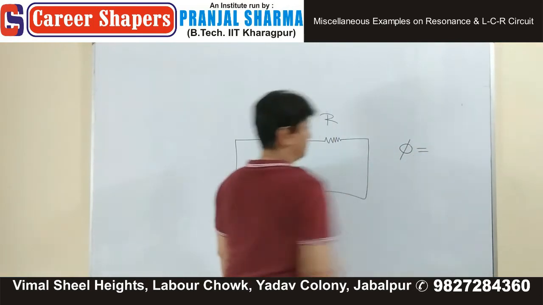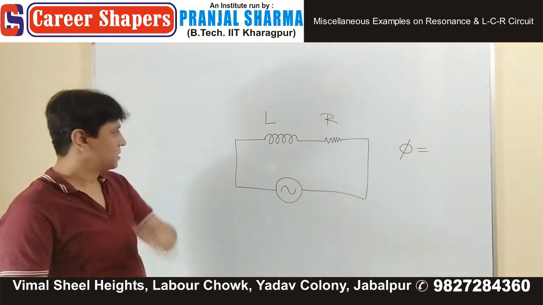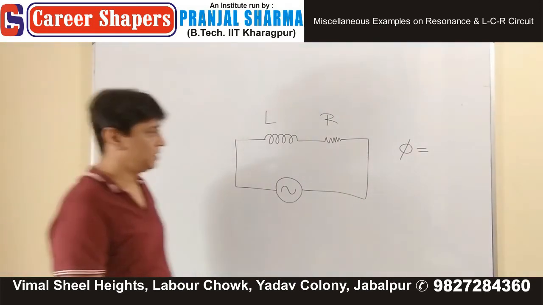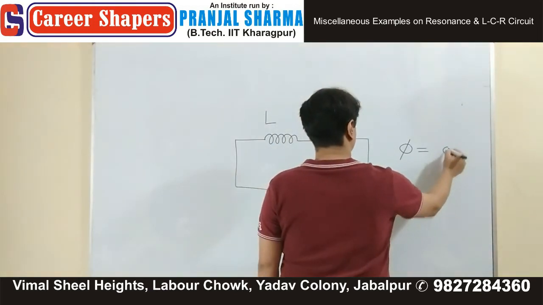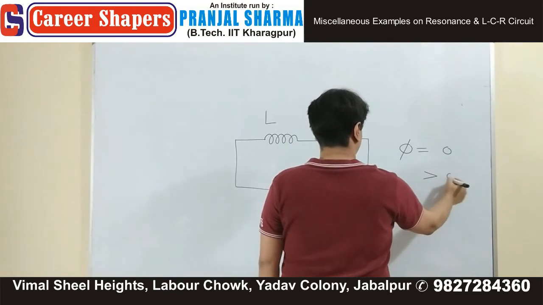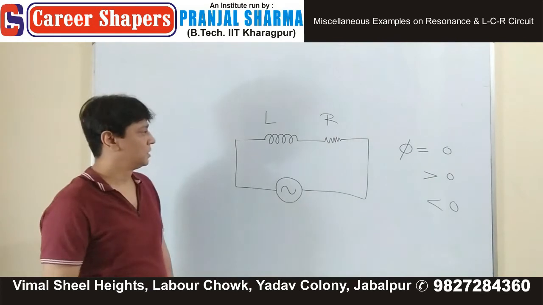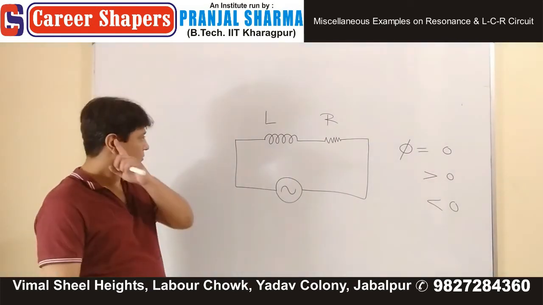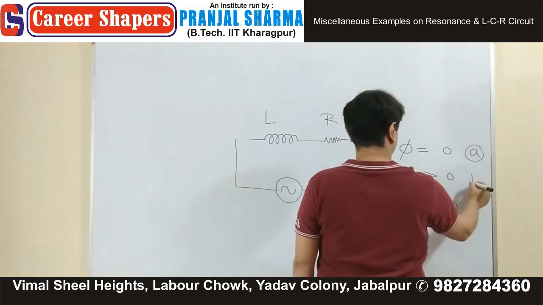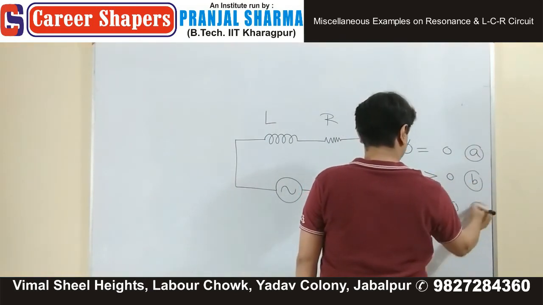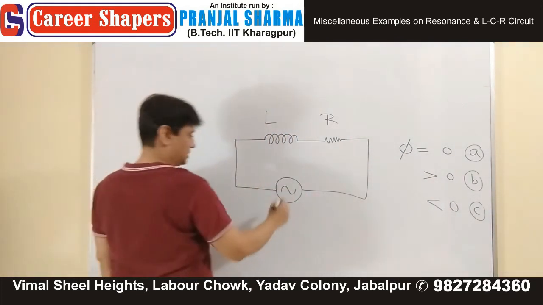First tell me phi, it will be 0, greater than 0, or less than 0. Which option is correct? A, B, or C? Answer this part.